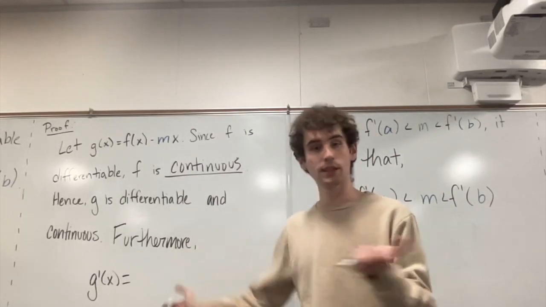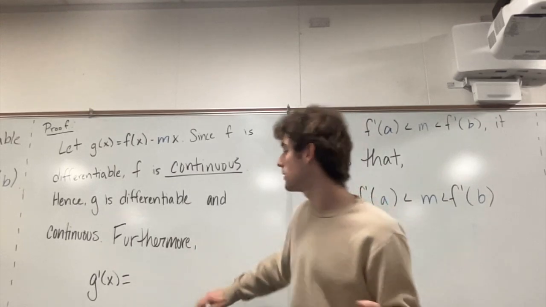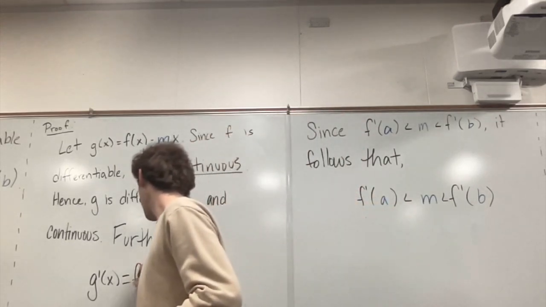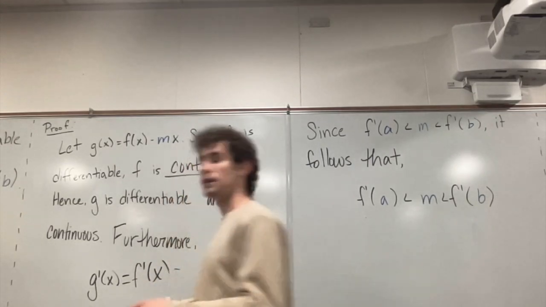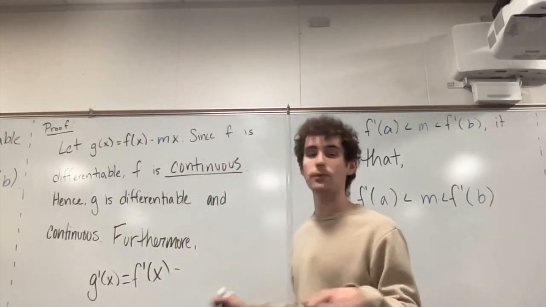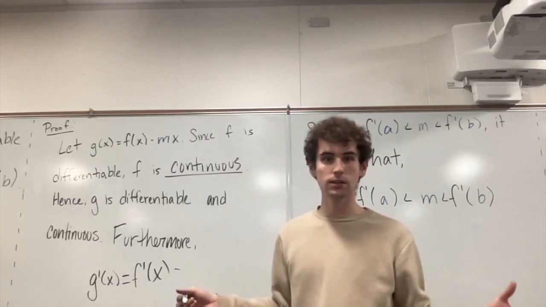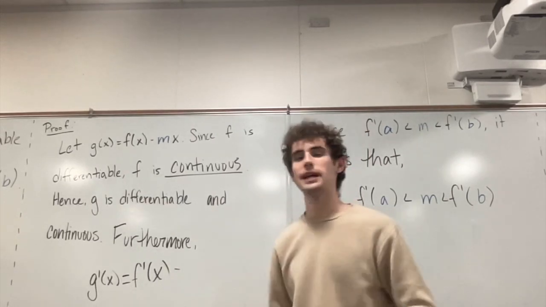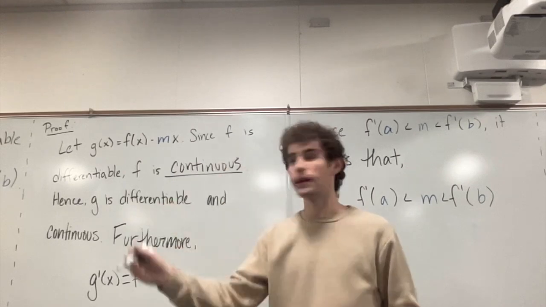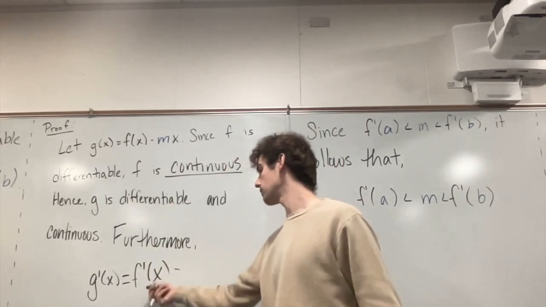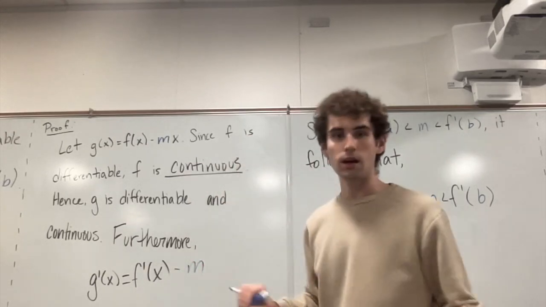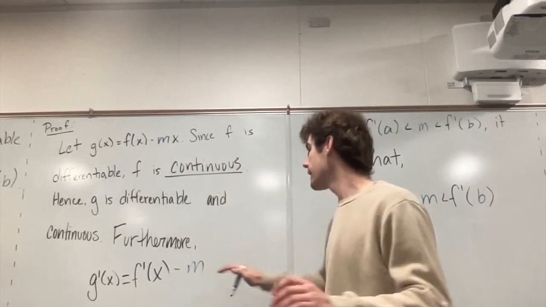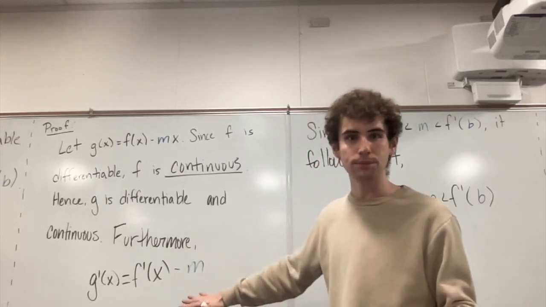So let's state it. We have g prime of x is equal to the derivative of f of x minus mx. Subtraction is a linear operator, and derivatives expand over linear operators. So we have f prime of x, the derivative of f, minus m. Okay, so keep this in mind. We'll use this tool later.